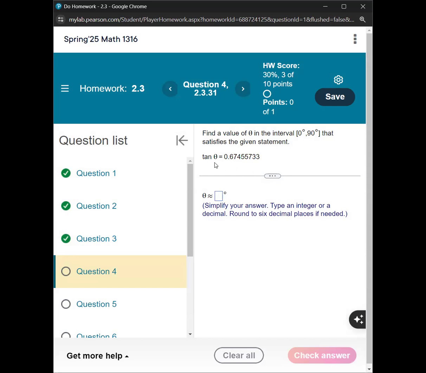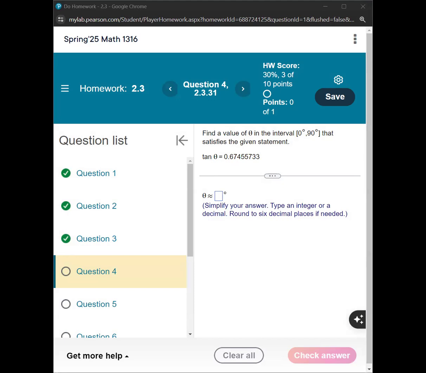This time we have the tangent value given for an angle, and we need to find the angle that has this tangent value. So the -1 as a power is going to stay, but we're changing the function to tangent. I need arc tangent. That's the function I need if the tangent value is given.